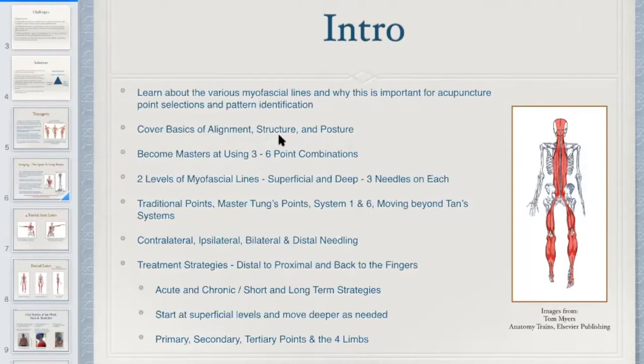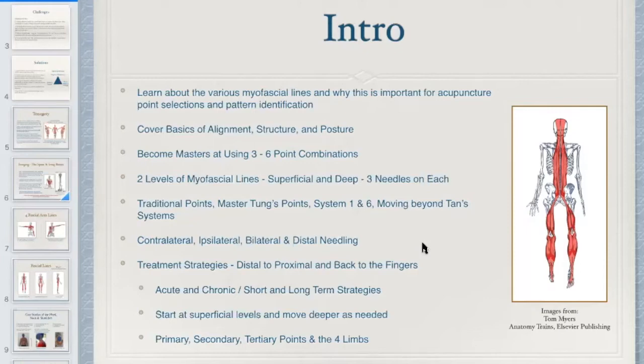But then as I learned these myofascial lines, it started to make a lot more sense. And it gave me a system and a method where I could integrate structural alignment disorders into Master Tung's points and into TCM as well.